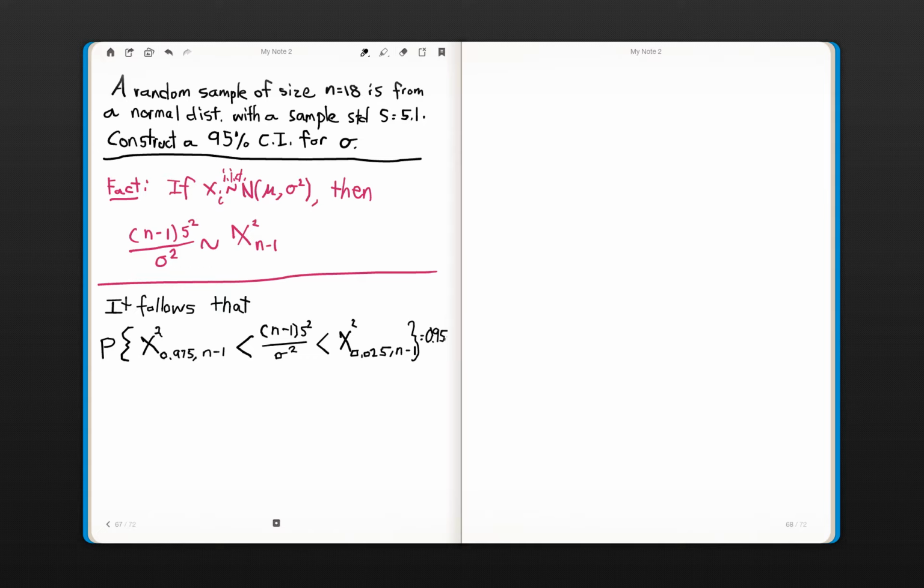This is called a pivotal quantity, this term in the middle, in that its distribution is independent of what we're trying to find the confidence interval of, and that's sigma squared.